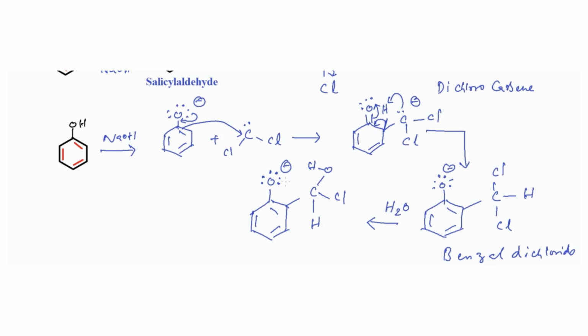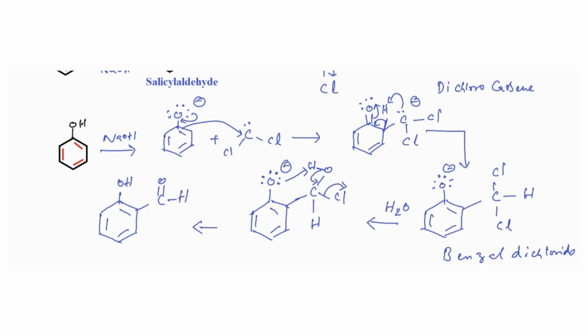Now what it will do is, with the phenoxide ion, it will abstract the proton, and this hydrogen donates its electron, and the chlorine will go along with the electron pair, and finally we will get it like this. This will become OH, and this one becomes C double bond OH. So this is the salicylaldehyde.